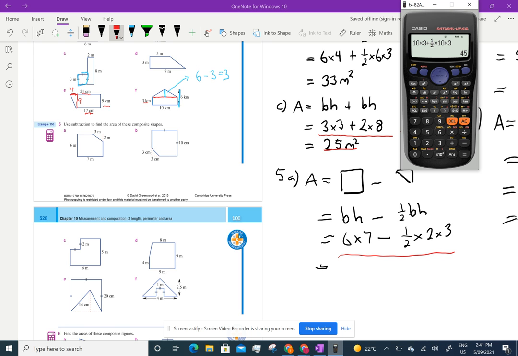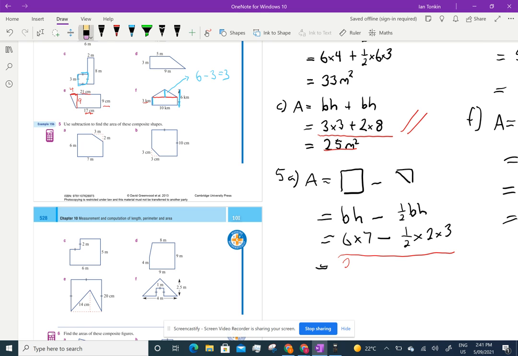Then we'll go to our calculator. 6 times 7 minus a half times 2 times 3. Oops. 39. What unit? Let's get this right. What units are we in? Meters. 39 meter squares.